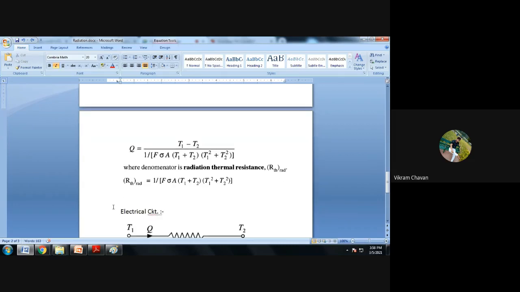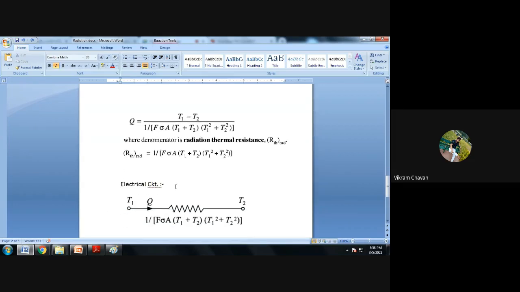Further, we have to draw the electrical circuit for the radiation heat exchange.